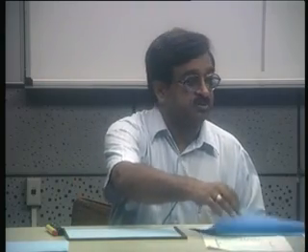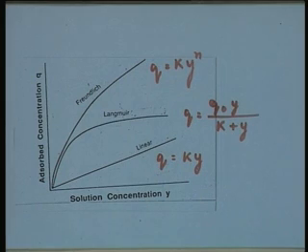Now, most of the adsorption methods can be characterized by the classical adsorption isotherms, and depending on the nature of the carrier and the nature of the enzyme, the isotherms may vary. There are three general types of isotherms that are known.